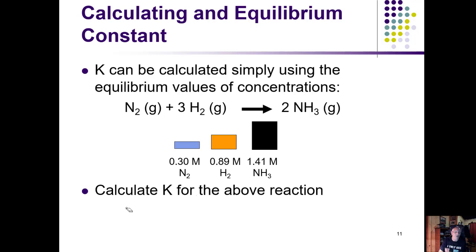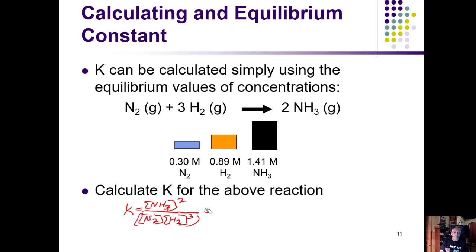So here we go. I recommend that you write what you intend to do symbolically before you start plugging in numbers. That is the easiest way to avoid messing up.